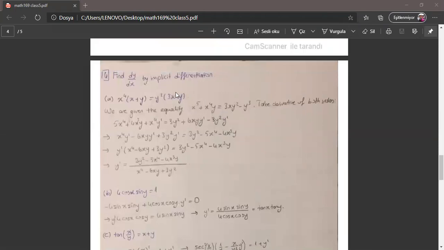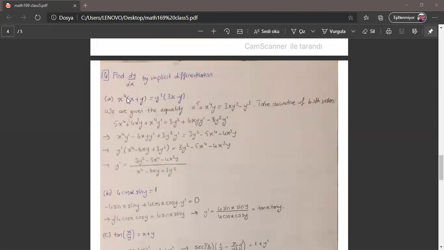Now we will do implicit differentiation. We just take both sides' derivative, but here we consider y as a function in terms of x, as it's given in here. So we just need to be careful while taking the derivative of this function y.